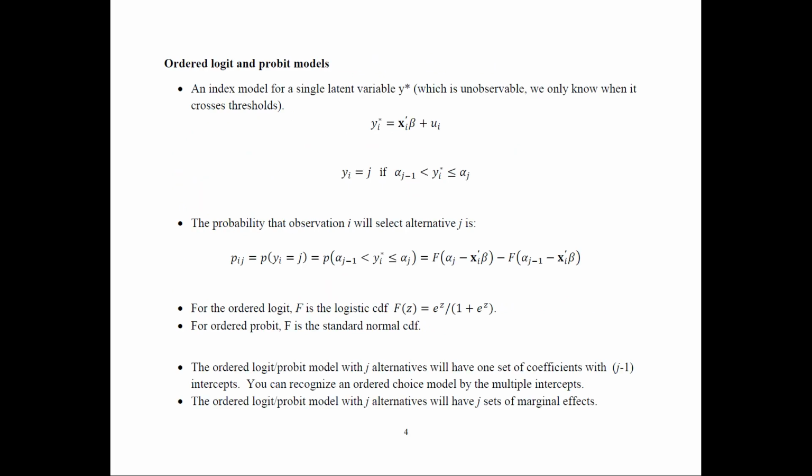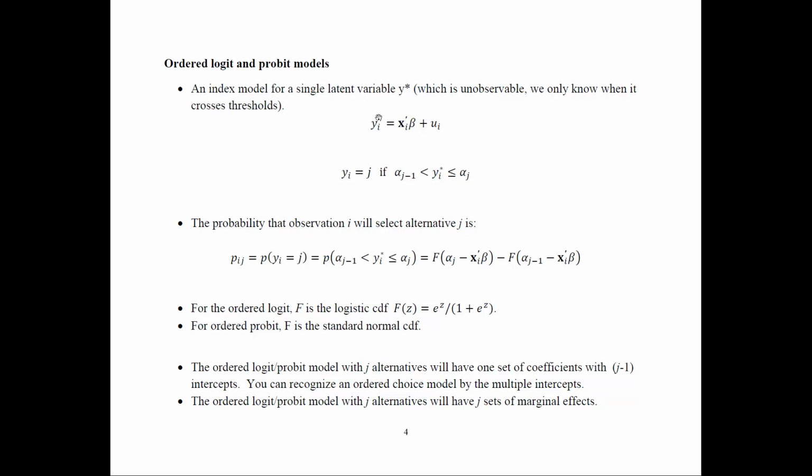So here are the equations for the ordered Probit and Logit models. The dependent variable would be a single latent variable y star. If we put the star next to a variable, it means that it is unobservable, and we only know when it crosses a threshold. So here we have an equation where y_i star equals x prime beta plus u. This is a typical part.